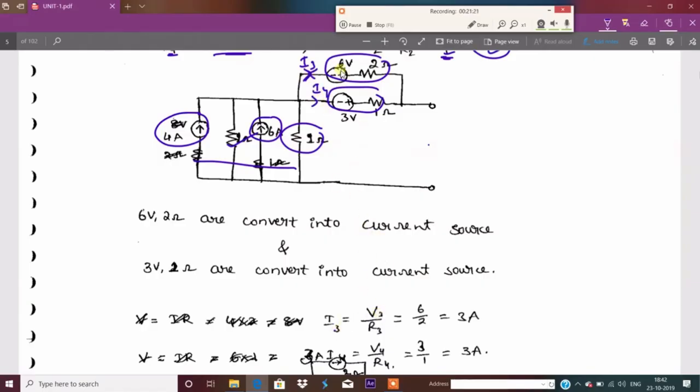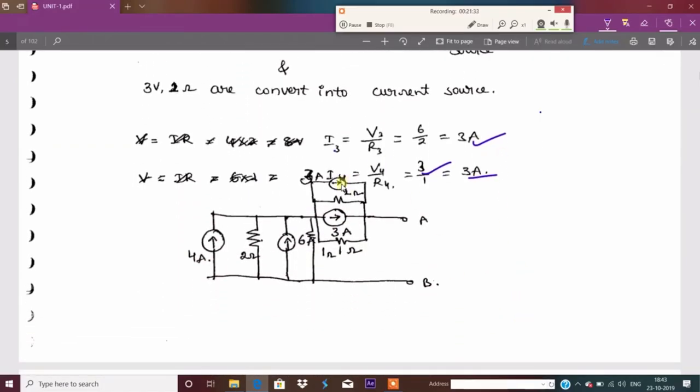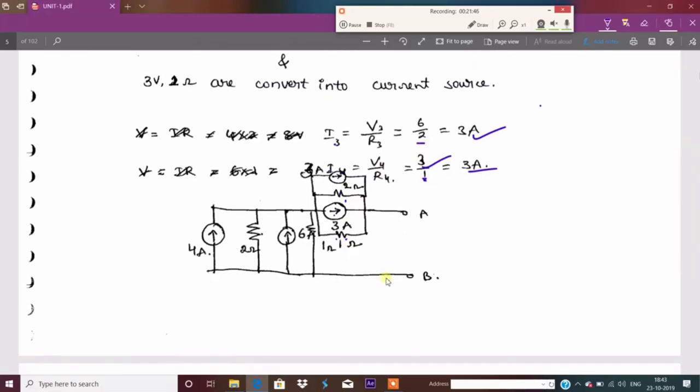I3 is equal to V3 by R, that is 3 amperes. I4 is equal to V3 by 1, that is 3 amperes. Okay. Once you get these values, we connect the current source in parallel with the resistance: 3 amperes and 3 amperes, with 2 ohm and 1 ohm based on the resistances given in the circuit. Okay, this is a simplified version.